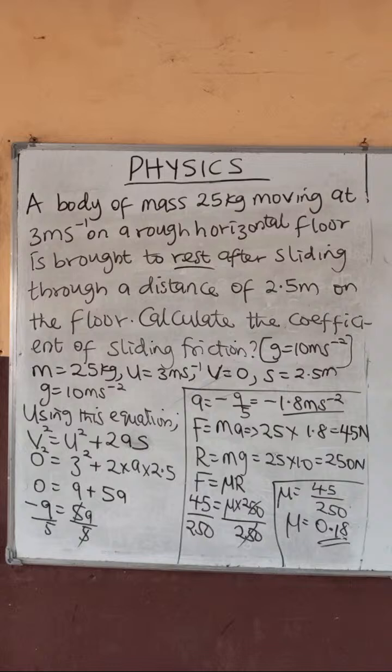Now, this body did not start from rest. It started from 3 meters per second, but it was brought to rest. That means that as the body was moving, it came to rest. So in this particular question, the initial velocity is 3 meters per second, while the final velocity is 0 because the body comes to rest.